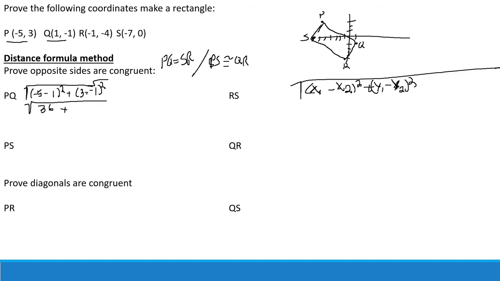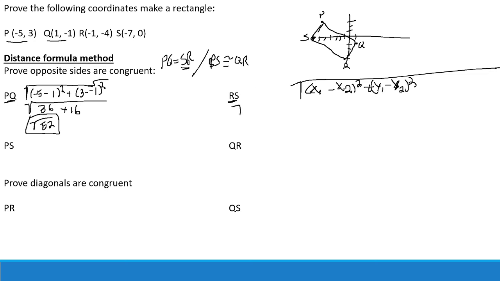This would be, let's see, minus negative 1 would be plus 1, so this would be 4 squared, which would be 16. Added together, you get the square root of 52. Now, I don't know what this actually is because it's a weird decimal, but I'm just going to leave it as the square root of 52 and see if my partner here, which would be SR or RS, either one, this one right here, these two should give me the same result if they're congruent. So this should also be root 52 if they're congruent.